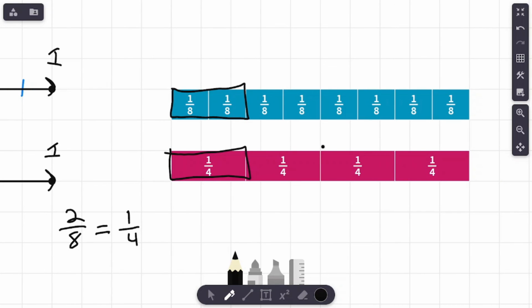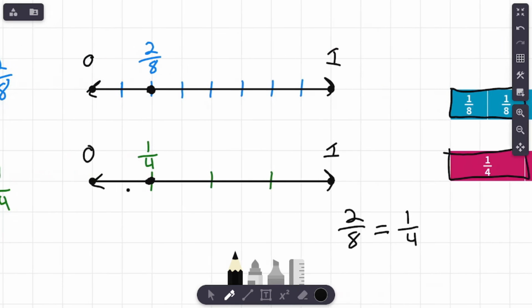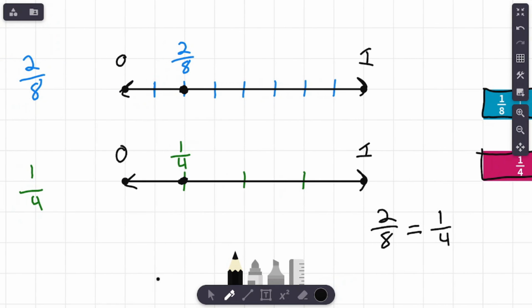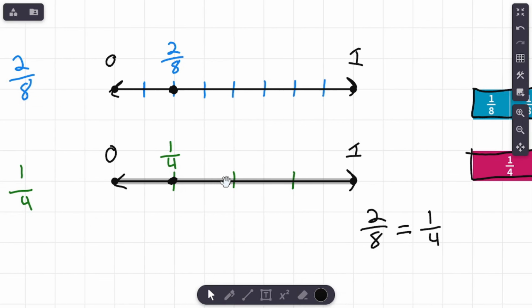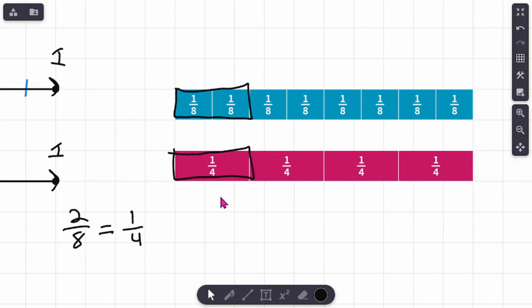These are equivalent fractions, meaning that they are equal, meaning they are the same. Even though these fractions, when you look at these two numbers, 2/8, that's different from 1/4. You're exactly right. Look at this fraction bar. They're different size pieces. Notice how small 1/8 is compared to 1/4. They're different size pieces, but 2/8 is equal to 1/4.